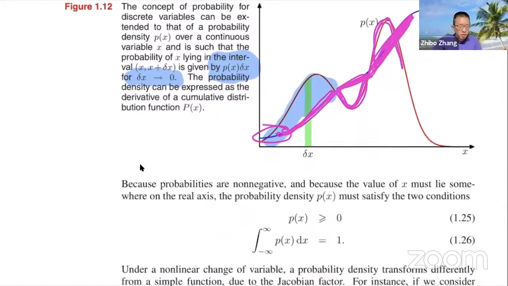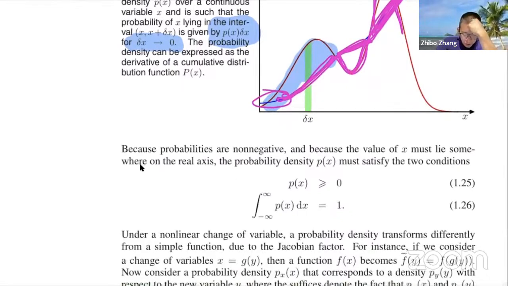Because probabilities are non-negative, and because the value of x must lie somewhere on the real axis, the probability density p(x) must satisfy two conditions. First, at any certain point, the probability density should be greater than or equal to 0.